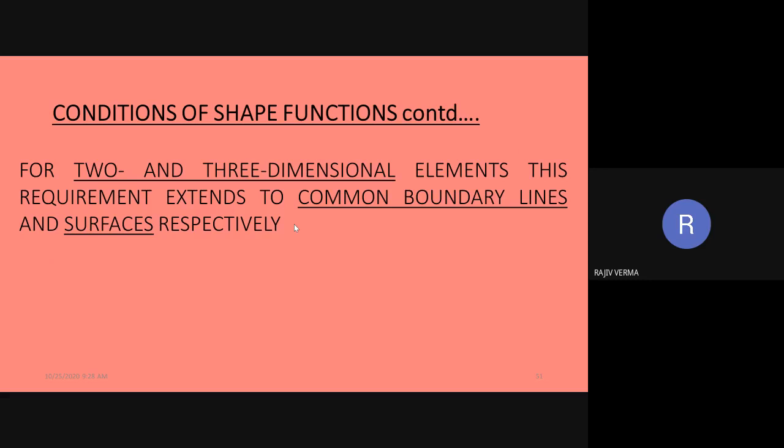So all the nodes which are lying on this common curve should have the same value of all degrees of freedom. And similarly, when we have two volume elements in contact, the contact is going to be over a particular area. So all the nodes which are lying on this common area should have the same value of deformation for both the elements.